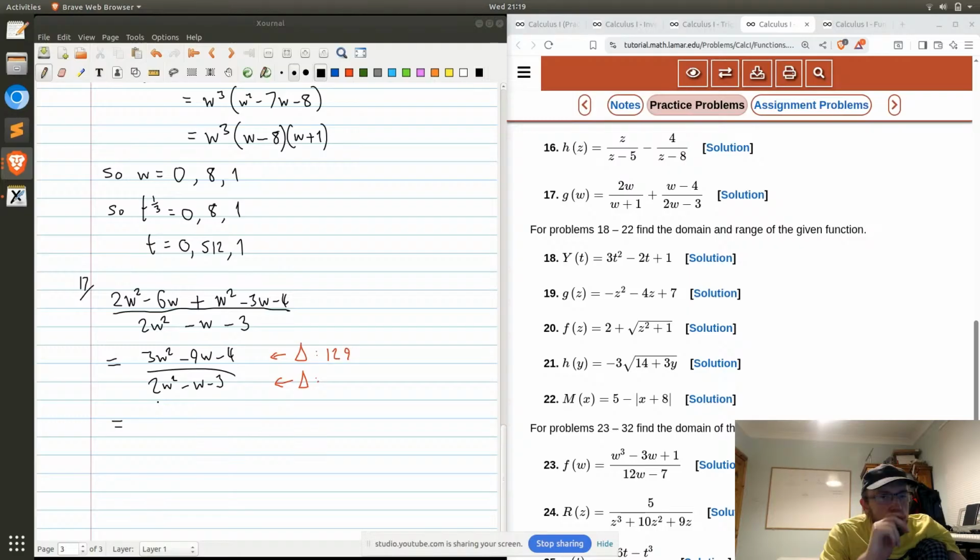Oh, what am I talking about? Of course you can factor. Of course you can factor the denominator because it's a product of those two. I don't know why I did that.